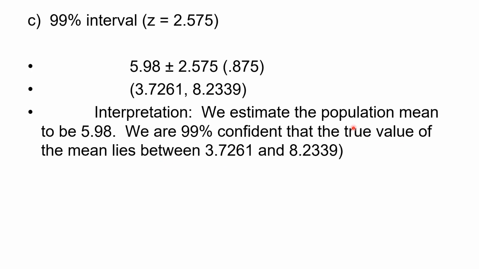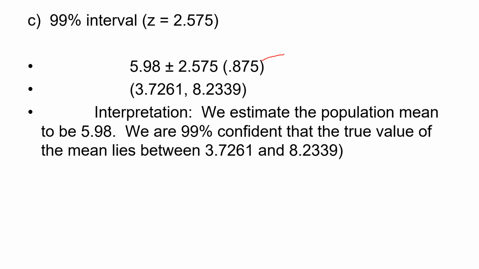The same goes for the 99% interval, where the Z value is 2.575. So you plug it into the formula, which is x bar 5.98 plus minus Z alpha over 2, which is 2.575, multiplied by standard deviation over square root of n.